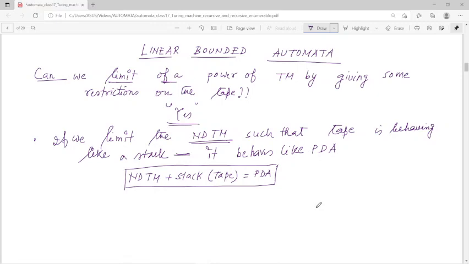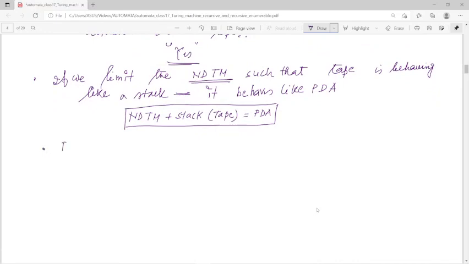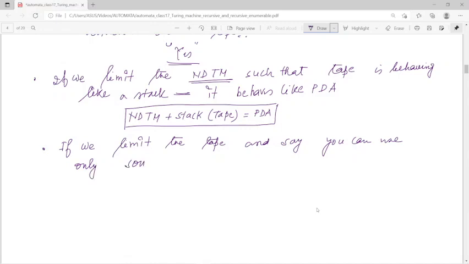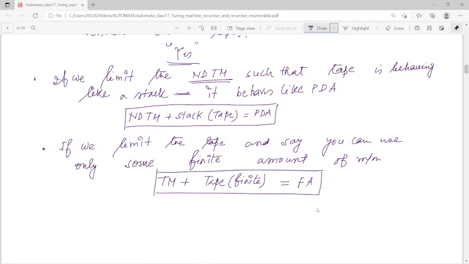Now the thing is that if we limit the tape and say you can use only some finite amount of memory, that means Turing machine plus tape, but the content this is finite, very finite, this is nothing but finite automata.